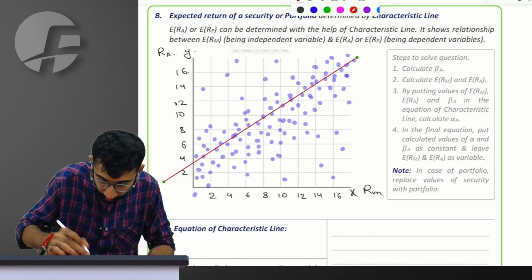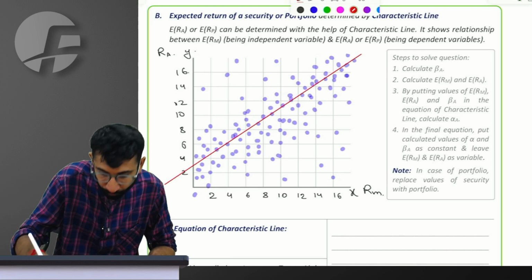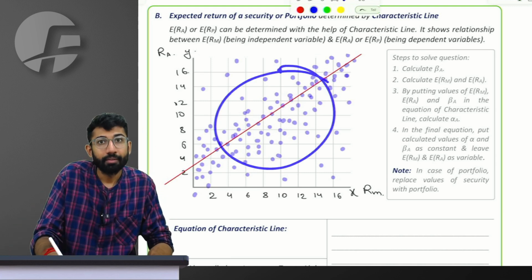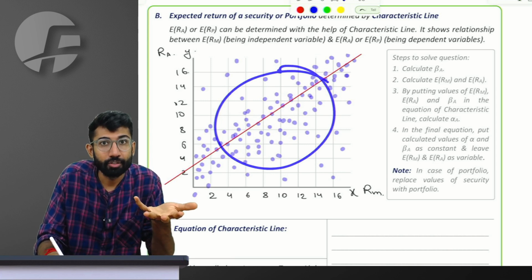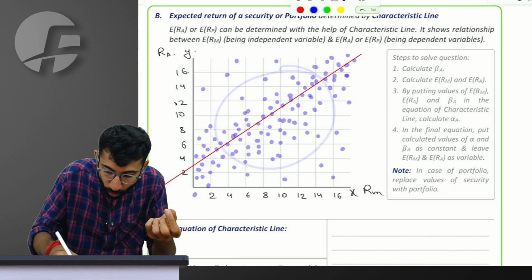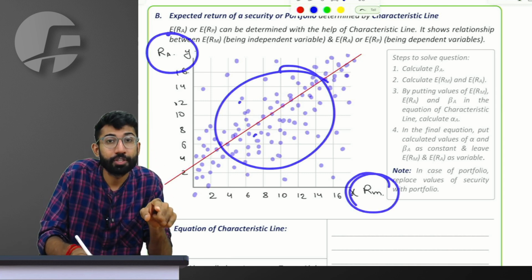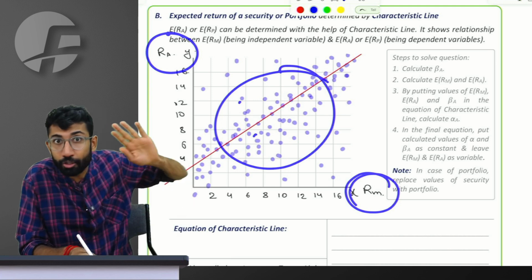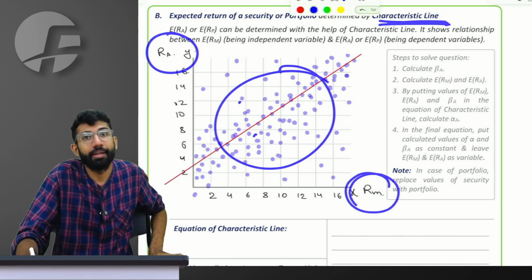So this line, which is a kind of average of these dots plotted using return of market and return of security, and which will be used to predict the future return, is called the characteristic line.